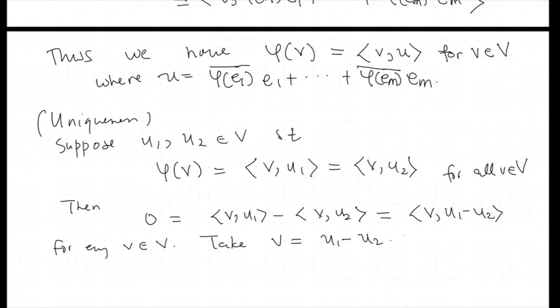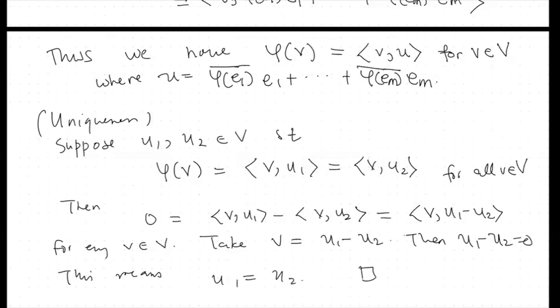This shows that U_1 minus U_2 is just 0. This means that U_1 must be equal to U_2, completing the proof of the uniqueness of our U.